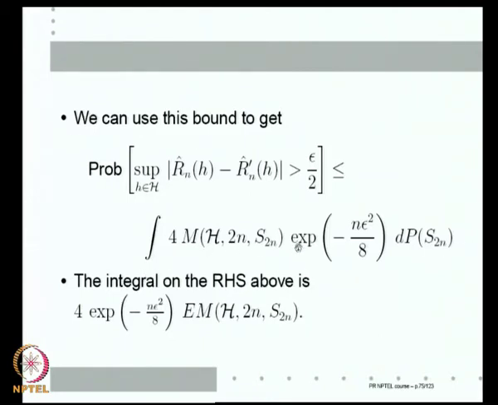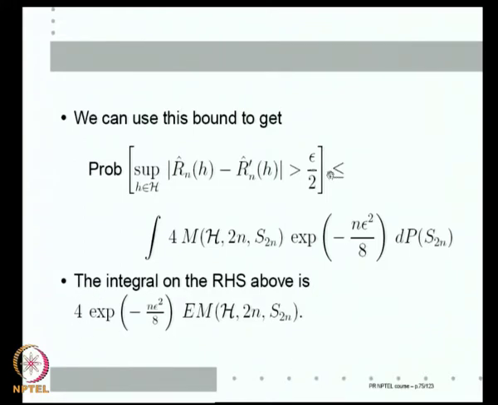Now, m(H, 2n, S2n) is a random variable that is a function of S2n, it is like some g of S2n. So, if I take g of S2n into the density of S2n integral, that will give me the expected value of that. So, the integral on the RHS is nothing but 4 times exponential of minus n epsilon square by 8 into the expected value of m(H, 2n, S2n), where the expectation is with respect to the various S2n's, right. S2n is the random thing, the various 2n samples I can get, right.